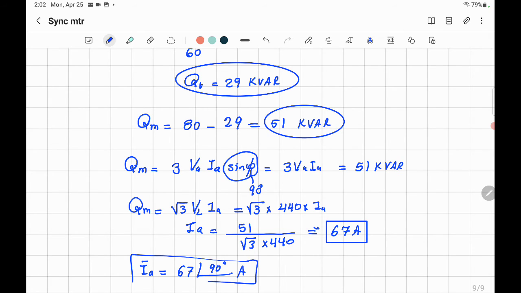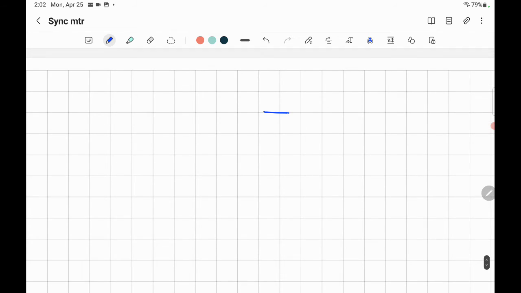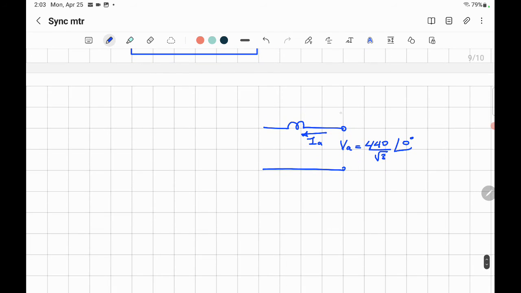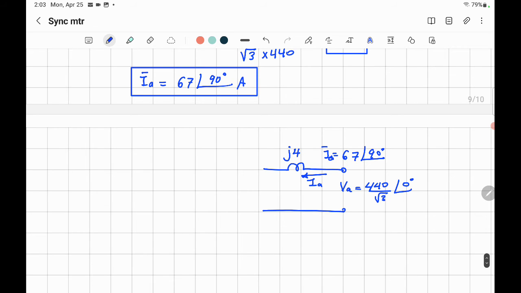All right. We still need to find EAF. Well, that's the equivalent circuit of the synchronous motor. Now we have to use the phase value, which is 440 divided by root 3 angle 0, and the armature current we just got, IA phasor, 67 angle 90 degrees, and the synchronous reactance is equal to 4 ohm.